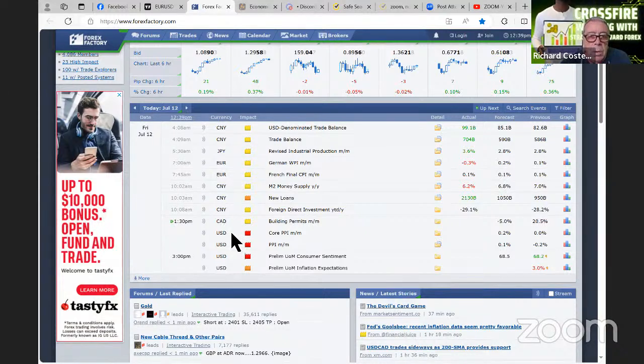And so we can expect that will happen at 1:30 and/or at 3 p.m. They normally move it in one big lump at either 1:30 or 3 p.m. But you never know. So one of the things I always say is I don't want to be in any trades when that news actually occurs.